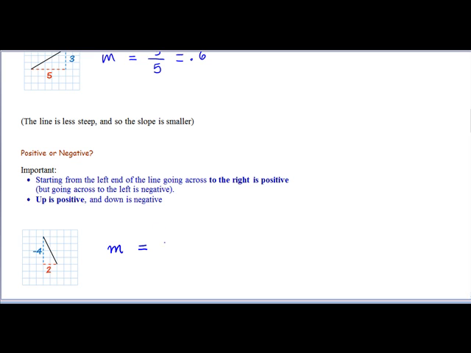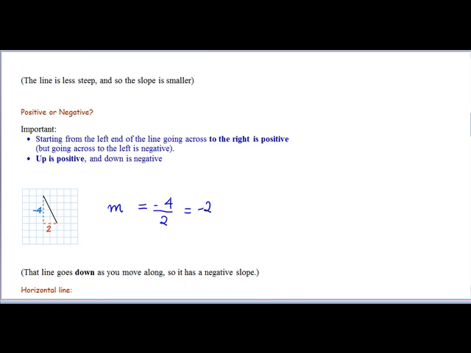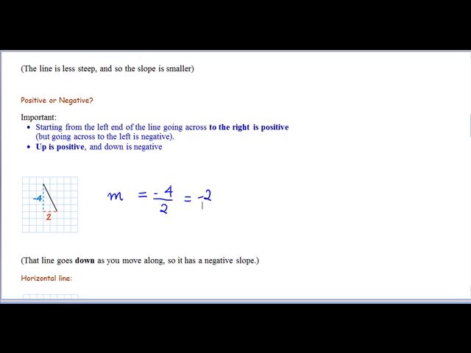The change in y is 4, but I'm going downwards, so I have minus 4, over 2, so I have a slope of minus 2. So a line going down as we move along it has a negative slope.